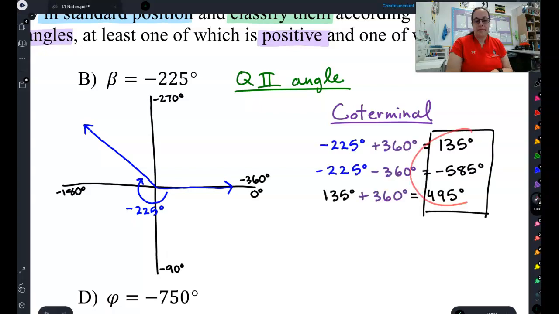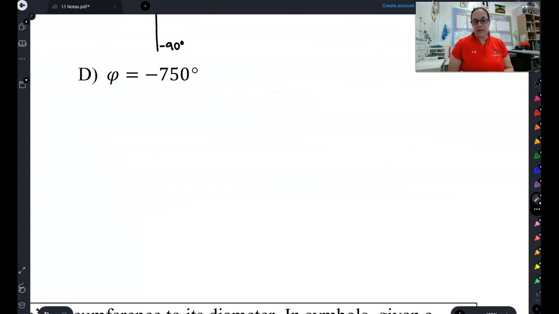Okay, these are the coterminal ones that I got. You don't have to have these same ones. You just have to have one positive and one negative, and they all need to be 360 away from the one you started with.